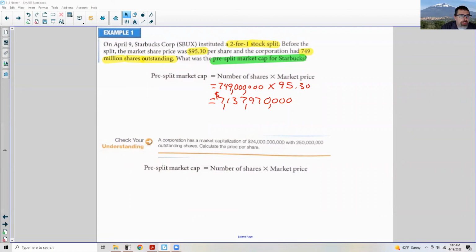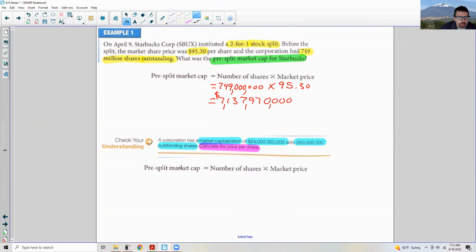Okay, so the check your understanding says a corporation has a market cap of $24 billion with 250 million outstanding shares. Calculate the price per share. You use the same formula and just substitute in the givens and solve using order of operations. That's all this is.